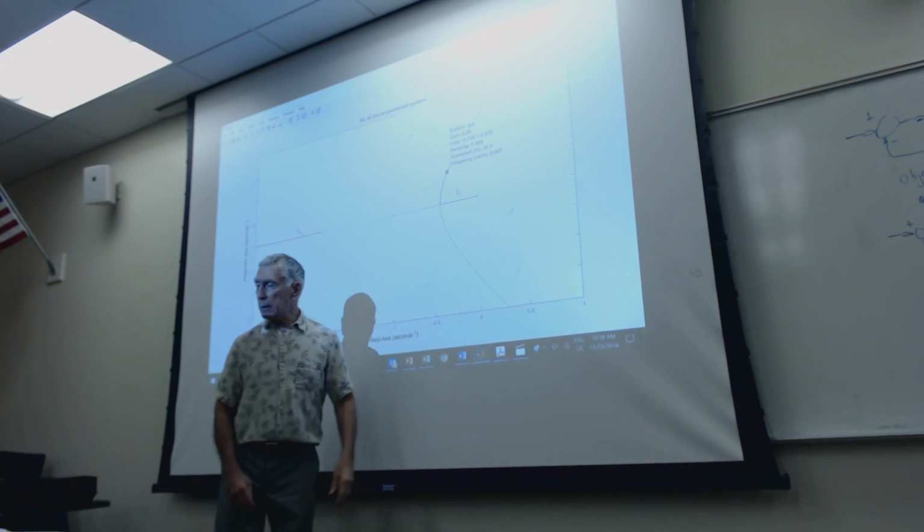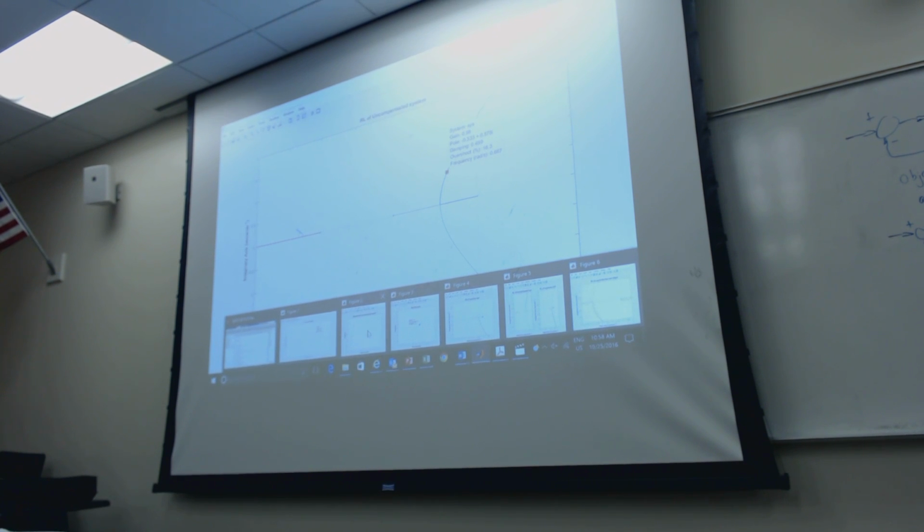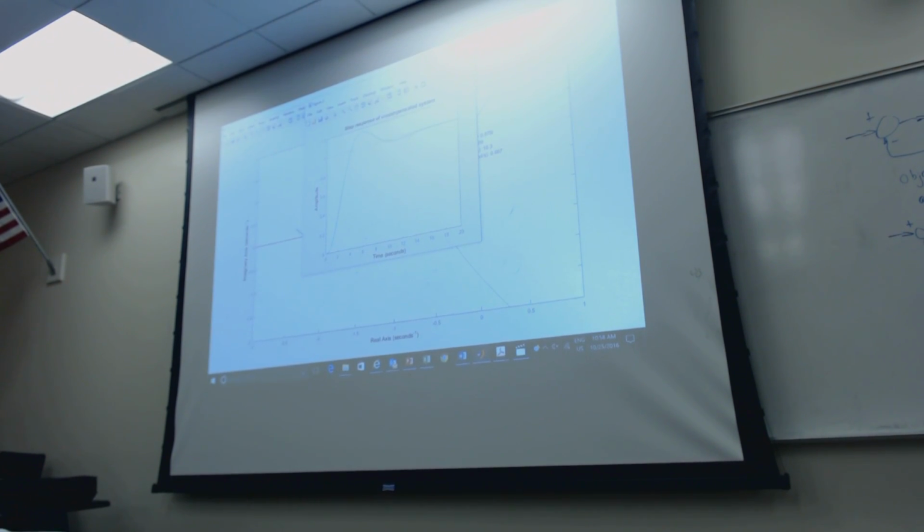Okay, and so now let me show the step response briefly. The step response is here, and notice that it has an overshoot of about 16%, right?